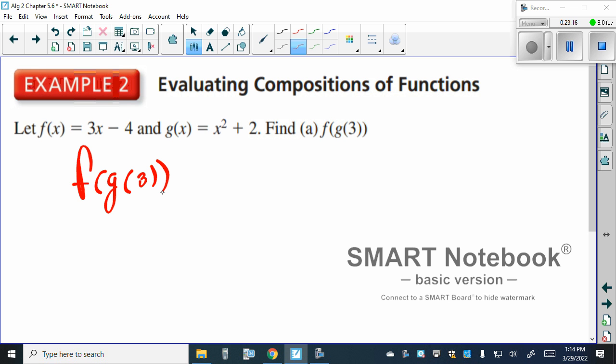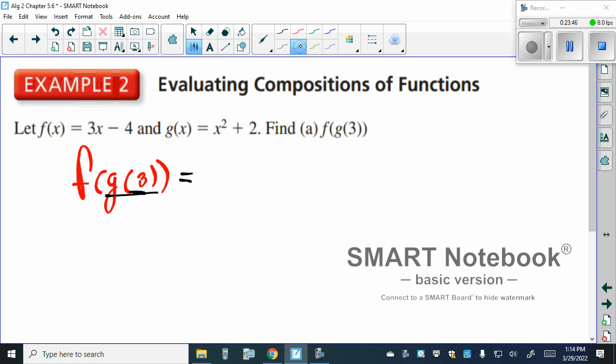So what we worked with last week and yesterday was that when we found f plus g of x, we actually had to find out what the expression was and then plug the number in. Here, with these, we don't have to do that. Like I said at the start, we're going to work from the inside out. We're going to work from the inside out. And the first thing that we have is g of 3. Trey, thank you.